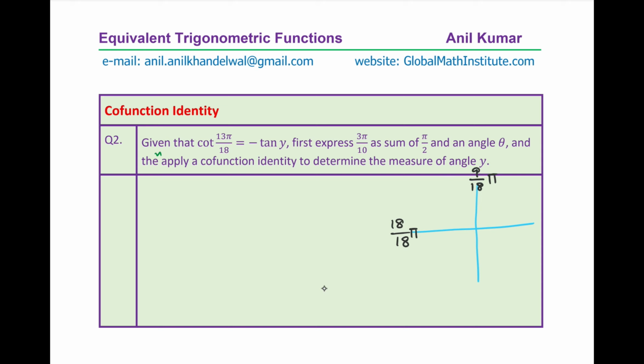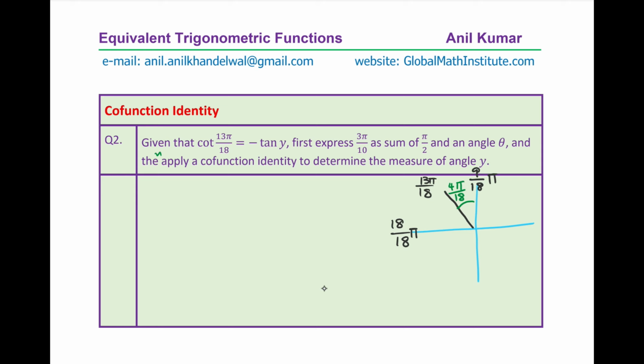So 13 out of 18 means something like here will be 13 pi by 18. Is that clear to you? So when you do 13, then how far have you come from 9? 9 plus 4, right? So this is 4 pi by 18. Does it make sense to you? Do you see the difference directly? How much should I add to 9 to get 13? I should add 4, right?